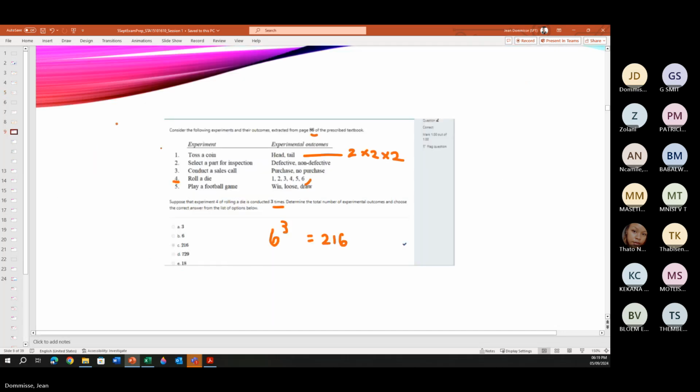That is very similar if we did the heads and tails and said we're going to conduct it 3 times. So experiment with 2 outcomes done 3 times. Very similar. That first one, if we add that as a question, would have given us the same answer as that other one.